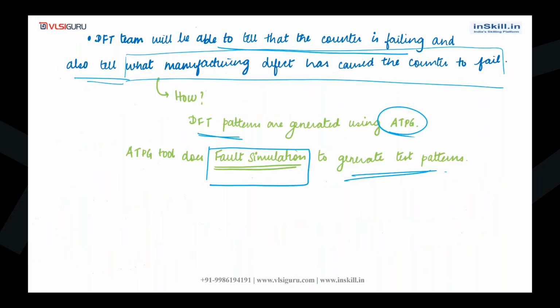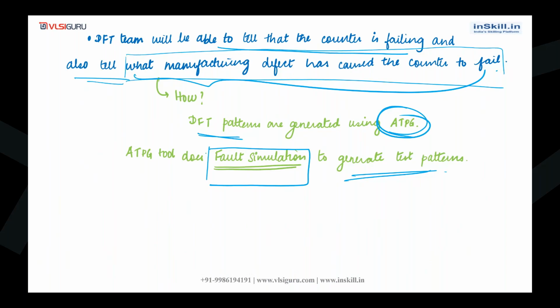And then DFT team will be able to tell that the counter is failing. And we will also be able to tell what manufacturing defect has caused the counter to fail. And how are DFT engineers able to tell that? It's because DFT patterns will be generated by ATPG, automatic test pattern generation.